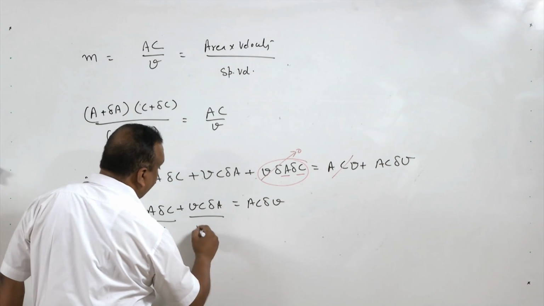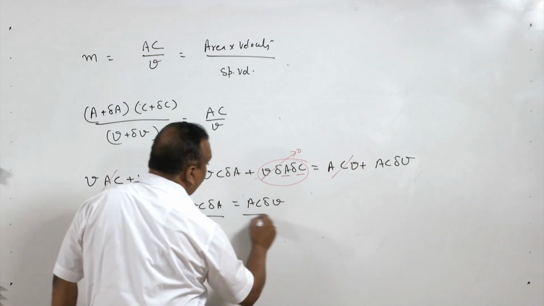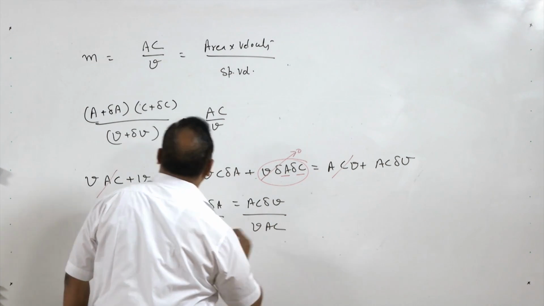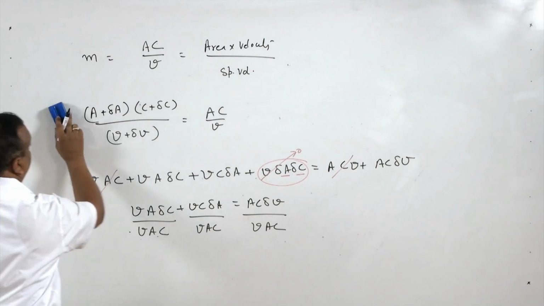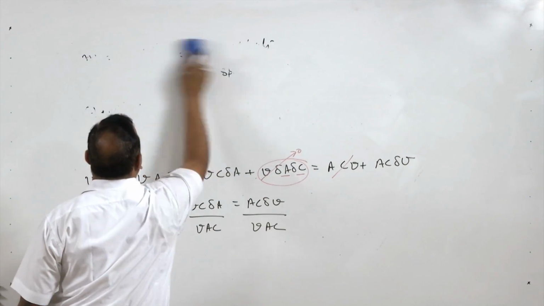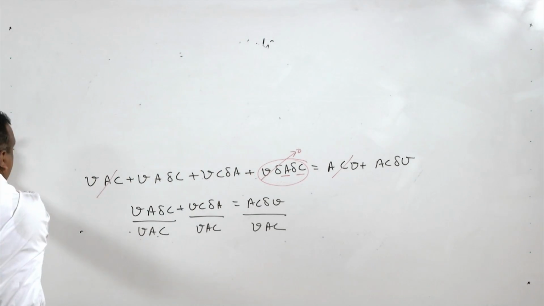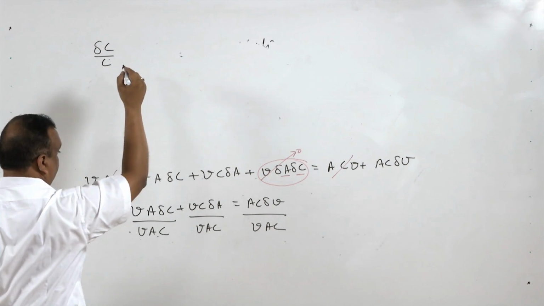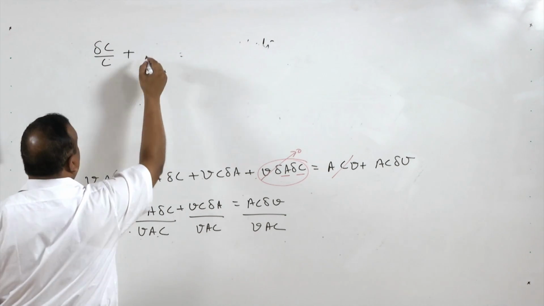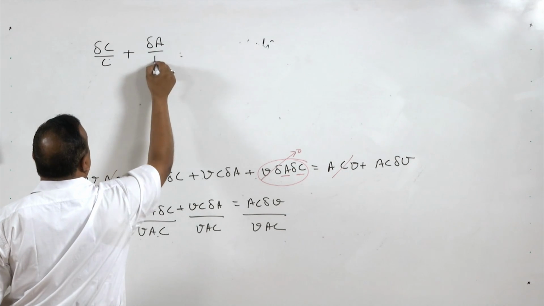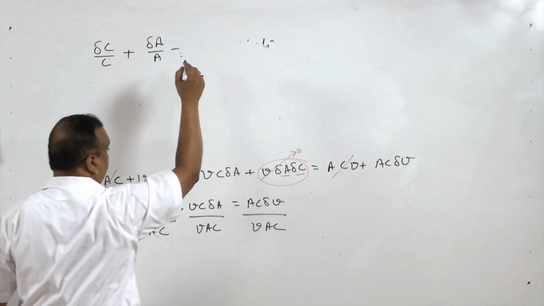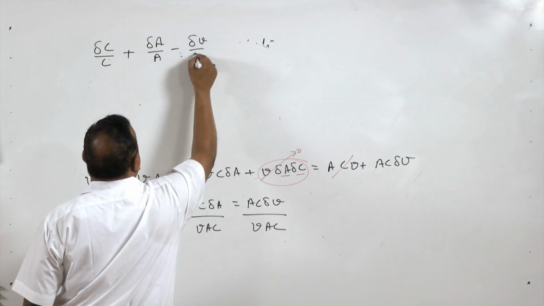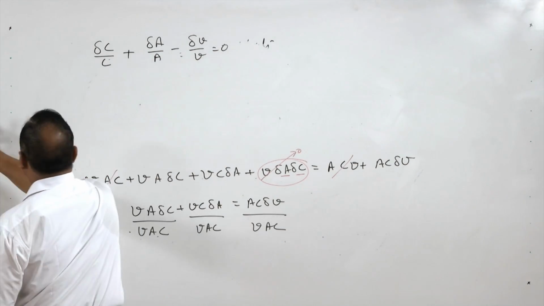Dividing by VAC will give us the expression del C by C plus del A by A minus del V by V is equal to 0.